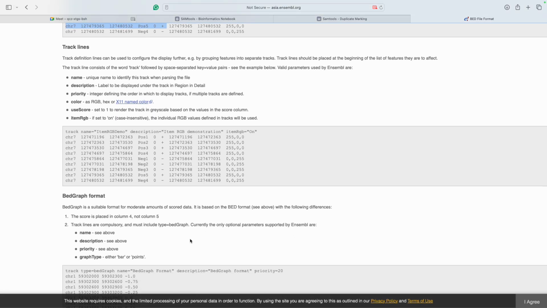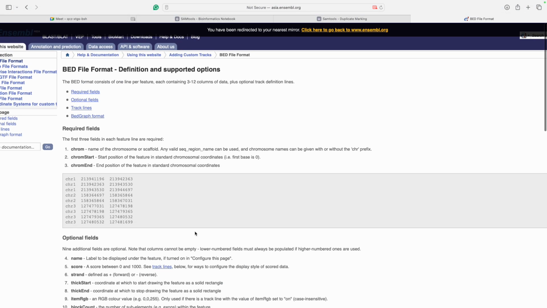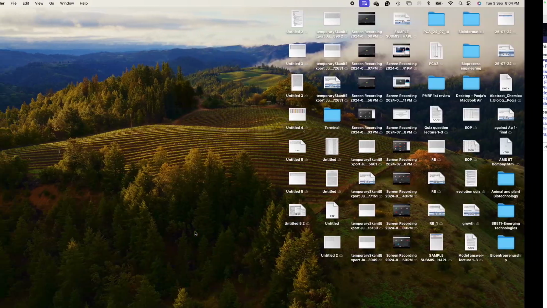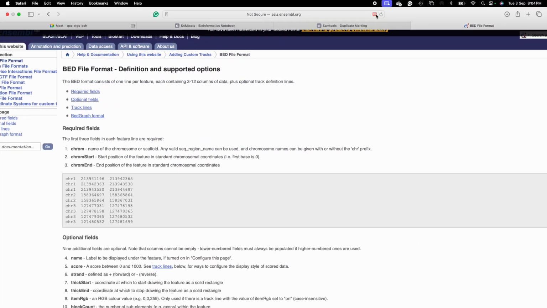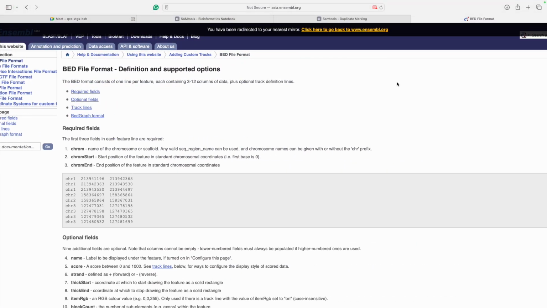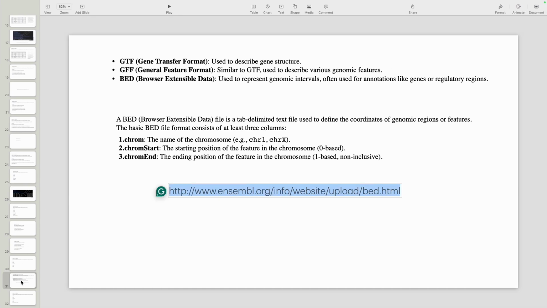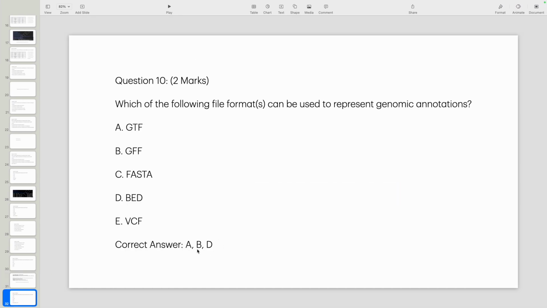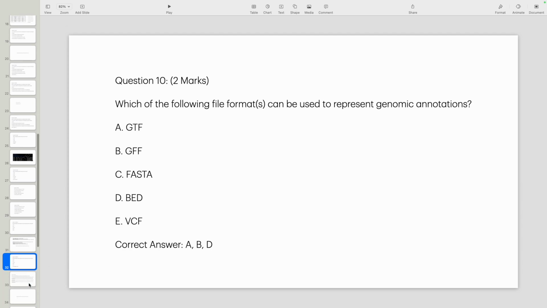Along with the GTF and GFF files, the BED file is also used for genomic annotations. So the correct options would be A, B and D. The BED file does not annotate the gene, it is for genomic annotation. So the correct options are A, B and D.